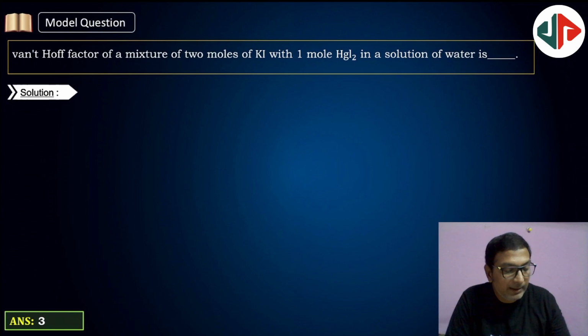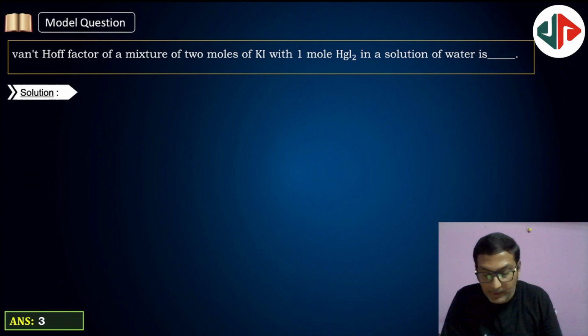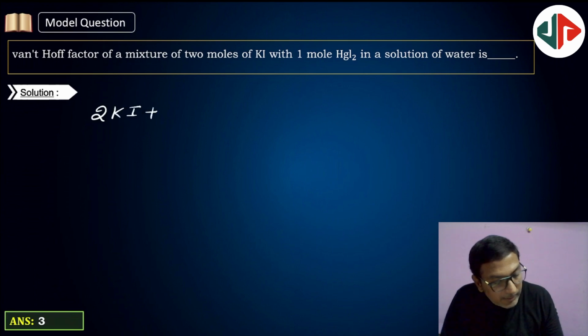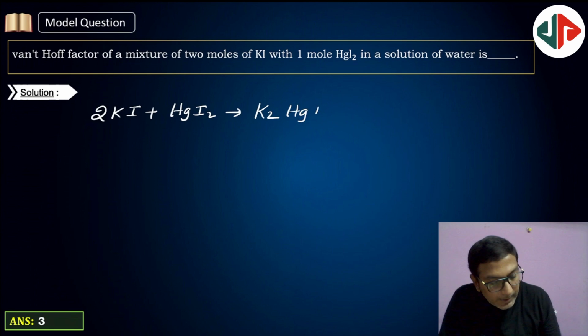Next. The Van't Hoff factor of a mixture of 2 moles of KI and 1 mole of HgI2 in aqueous solution of water is asked. That is, 2 moles of KI, potassium iodide, and 1 mole of HgI2 give K2HgI4.